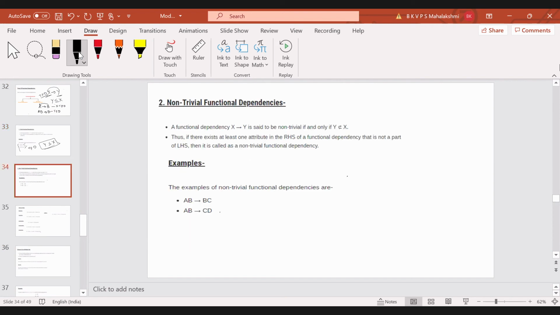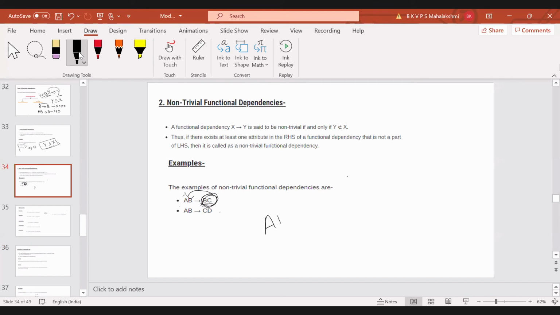And C is not a subset of the complete BC, you have to check. Madam, B is a subset of AB, no? B. Okay, so it will come under trivial functional dependency. So that is what I kept as the option. No, it's not correct. The complete right hand side attribute set must be a subset of the left hand side.